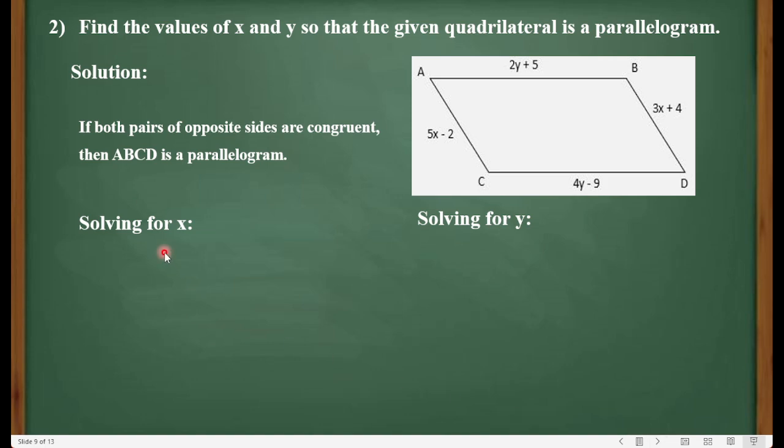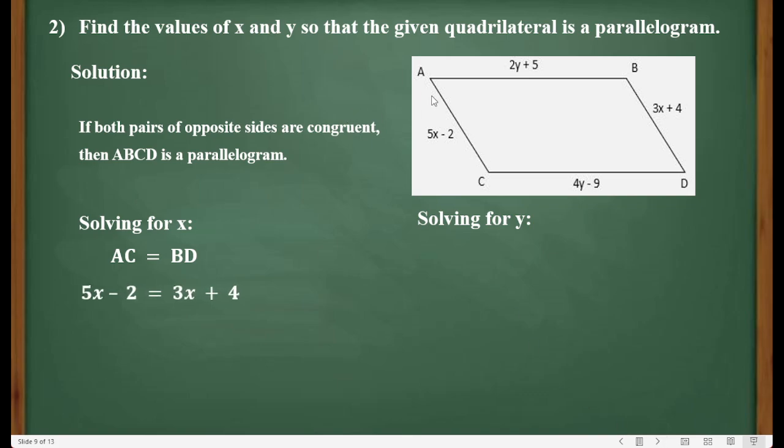Now, solving for x, since in a parallelogram, both pairs of opposite sides are congruent, we can therefore say that segment AC is equal to segment BD. And with this relationship of the opposite sides, we can plug in the equivalent length of AC and that of BD.